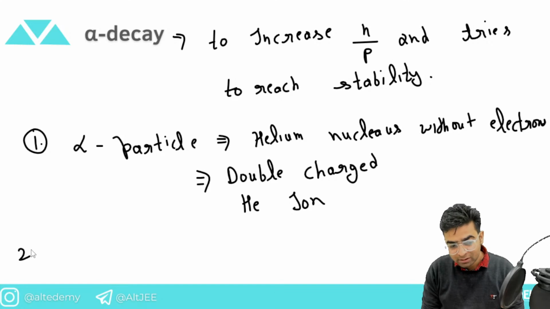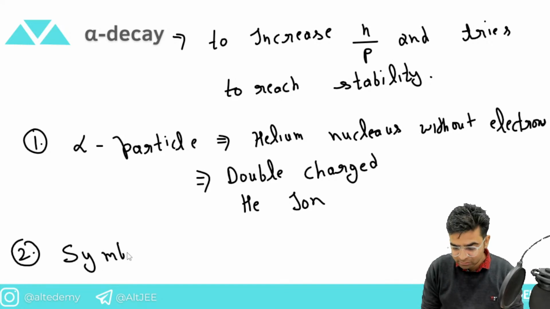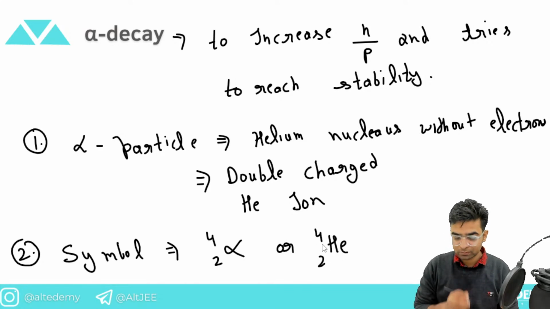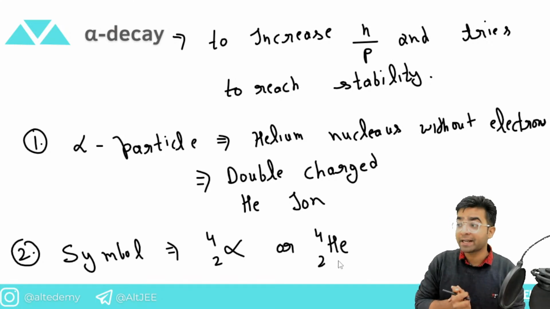What is the symbol? It is alpha 2 4, or helium 2 4. This is the symbol of the alpha particle.